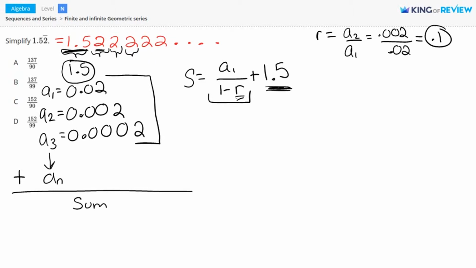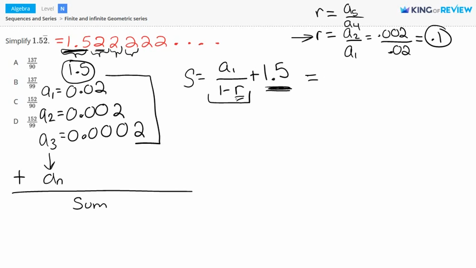So the common ratio is 0.1. Now you could also figure out R using other terms. So you could choose A5 over its previous term, which is A4. As long as the numerator is one term and the denominator is its previous term, then you will get the correct value for R.